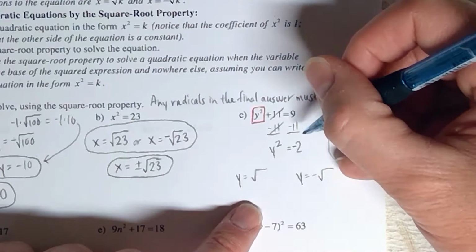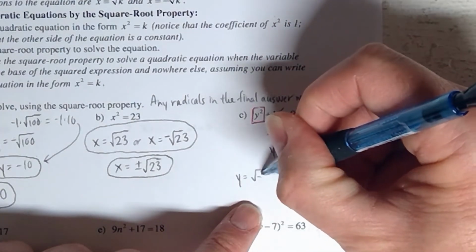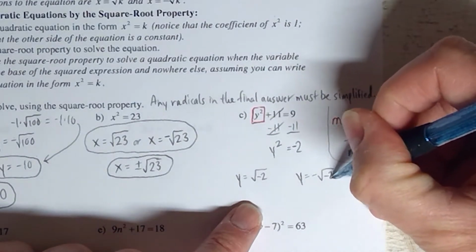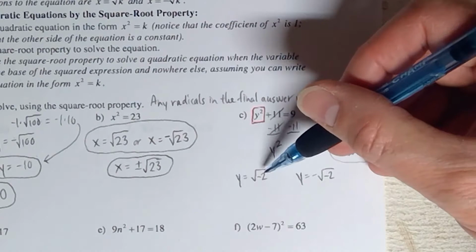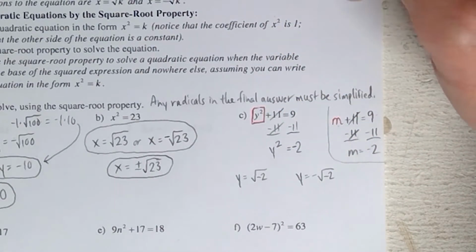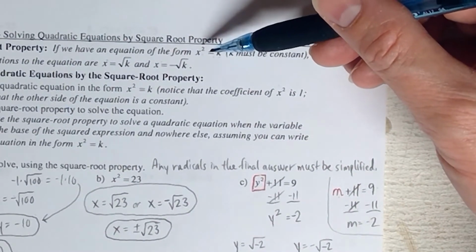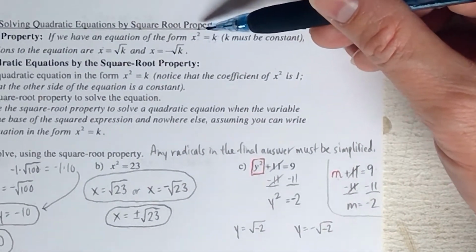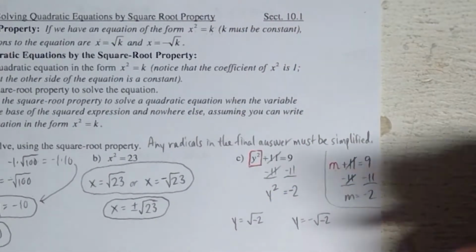The number that's on the other side of the y squared. But you have to get the y squared by itself first before you can do this. So don't put the 9 inside the radical. You can't use this property up here at the top of the page unless the variable squared is by itself first. So don't put the 9 in there, put the negative 2 in there.